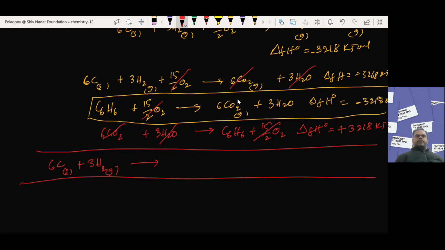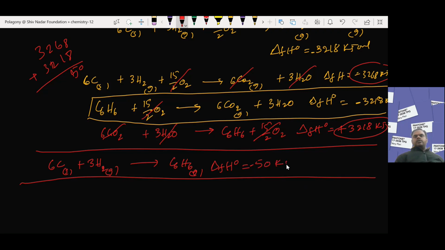Then we get C6H6 gas, and the standard enthalpy of formation is equal to the difference between these enthalpy changes: 3268 minus 3218, the difference is 50. So we get plus 50 kilojoules per mole.